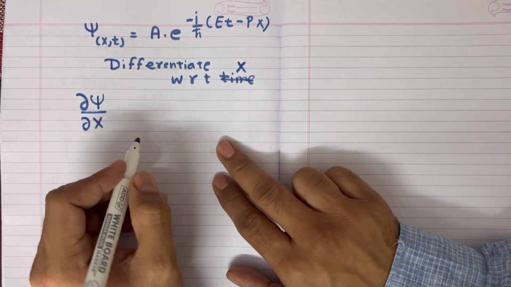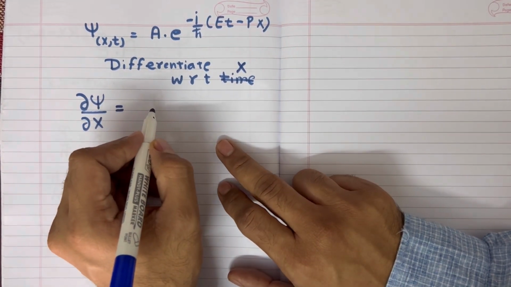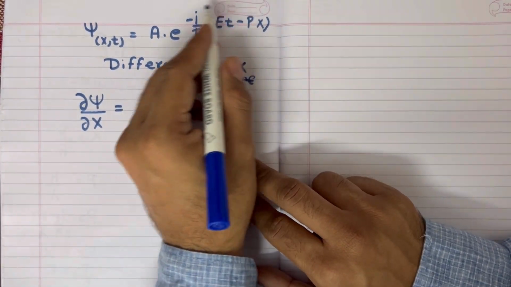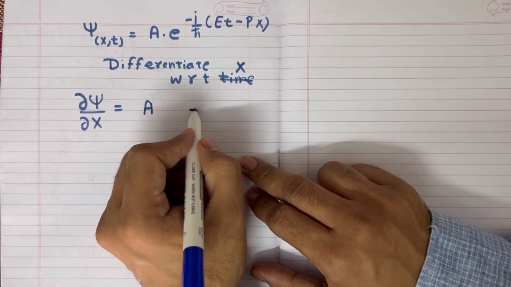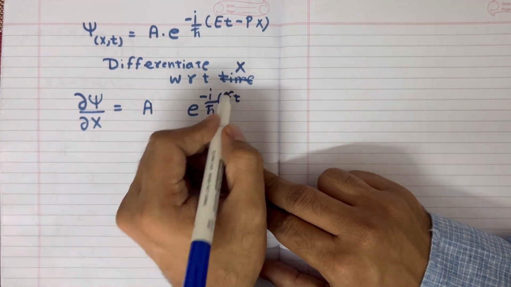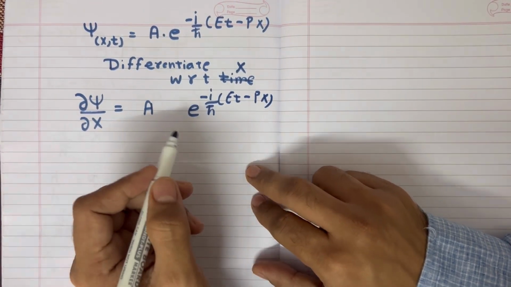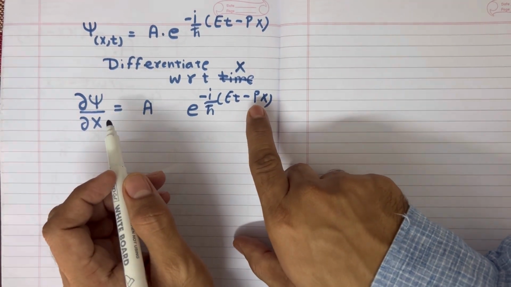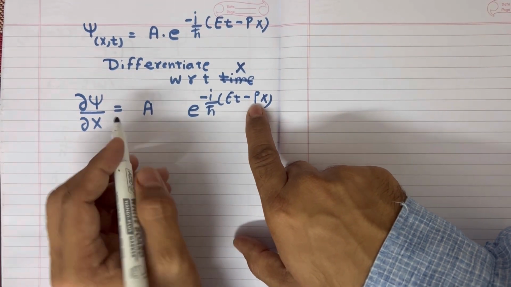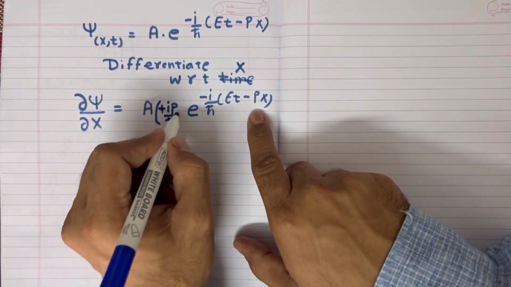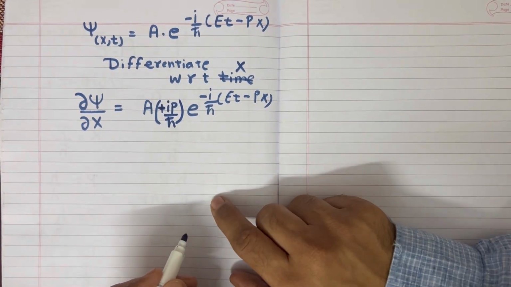Del psi by del x equals, the derivative of the exponential would be the same, (Et minus px). Then we are taking the derivative with respect to x, so the derivative of this p also will come. It will come as p by h stroke, times i.